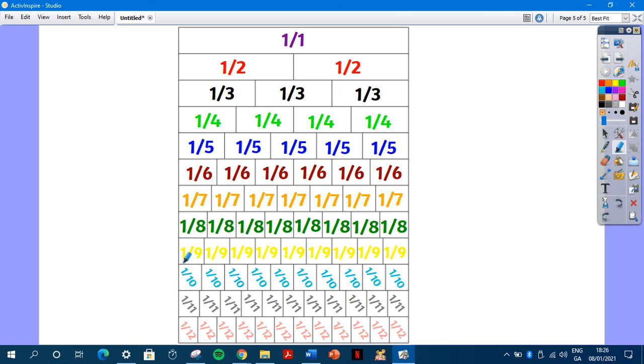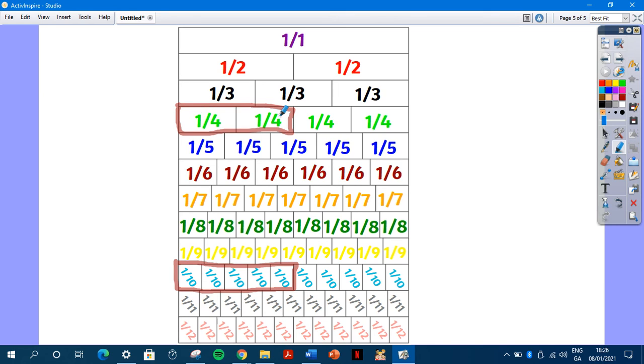Okay, so let's check. So 5 over 10, is it bigger or smaller than 2 over 4? Okay, so let's see. They're the same, aren't they? So they're not bigger or smaller, they're equal to, aren't they?